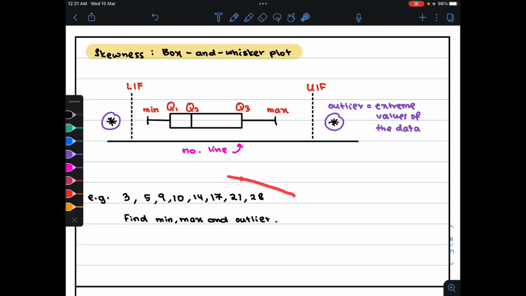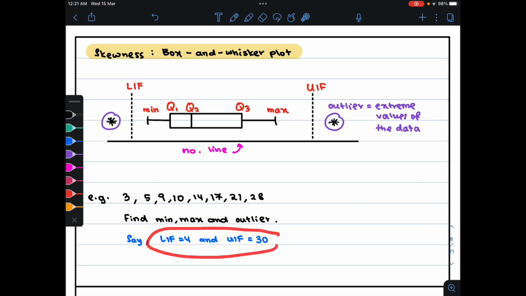So let's try and look at this data. I want to find the minimum, the maximum, and the outlier of this data if it exists. And say that when you try and find the lower inner fence, you get 4, and when you try and find the upper inner fence, you get 30. So, plot this inside your data. When your lower inner fence is 4, note that 4 is between 3 and 5. And your upper inner fence is 30.